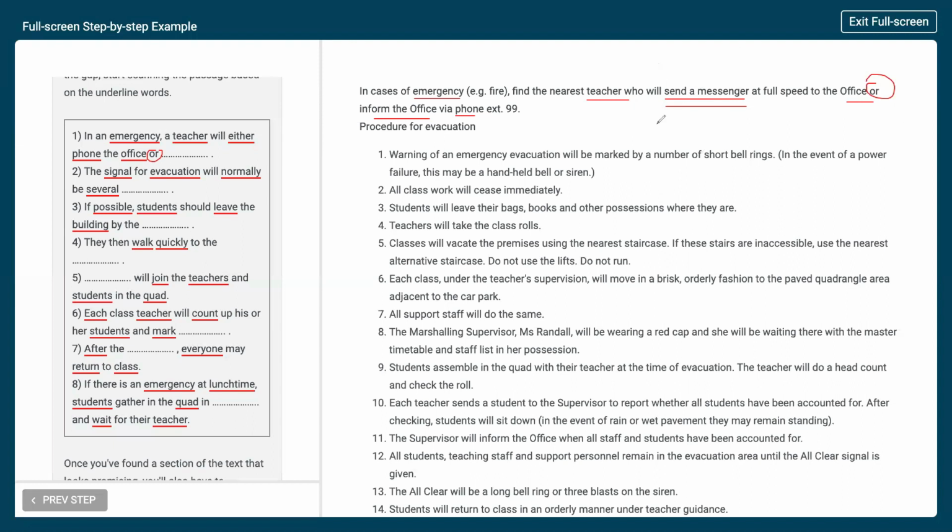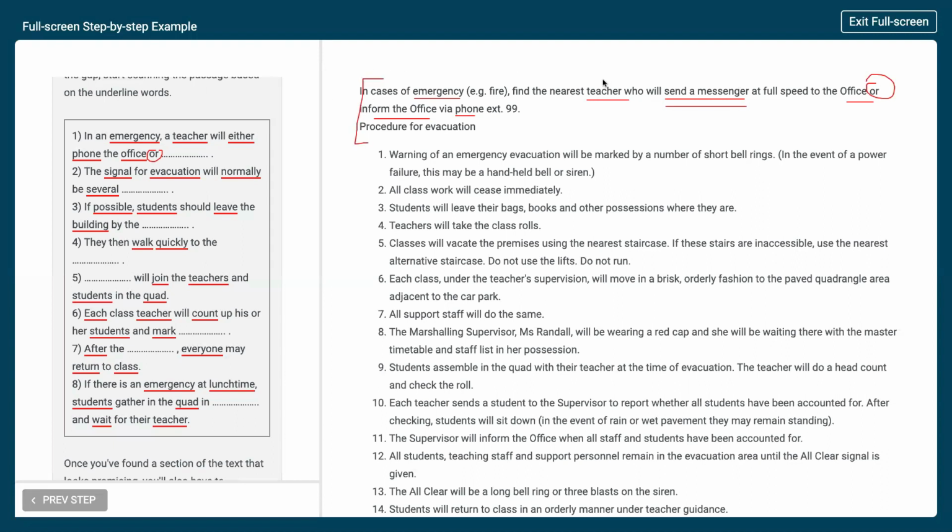Now you might be thinking send a messenger is not a noun. You're correct. And like I said, our idea for step 2 is not always foolproof, but at least it gets us thinking, and it just allows us to reflect on our questions even more. If it makes sense and it's in your text, I would definitely go with this here.